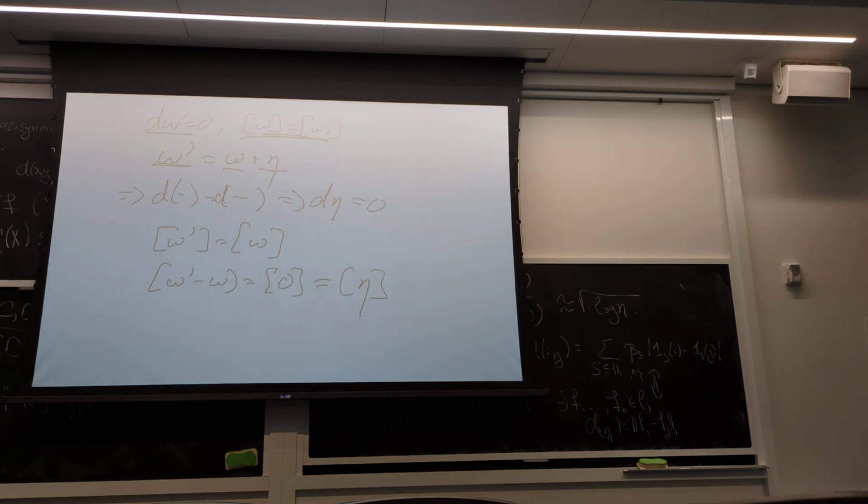What does it mean for eta to be in the 0 class? That means it's the image of the map. And what's the map? The coboundary operator. Right. So this means that eta is equal to d eta prime.